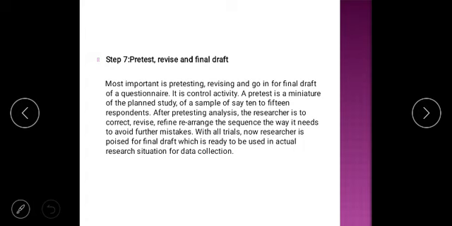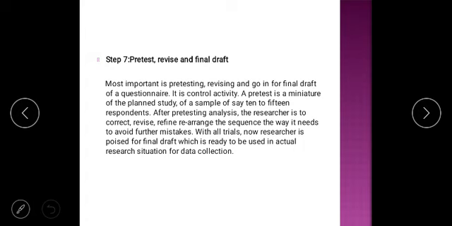Once he finds a mistake in his questionnaire, he has to revise it, correct it and prepare the final draft. Then the actual questionnaire will be ready to give to the respondents.